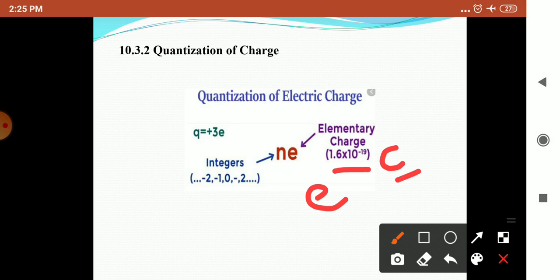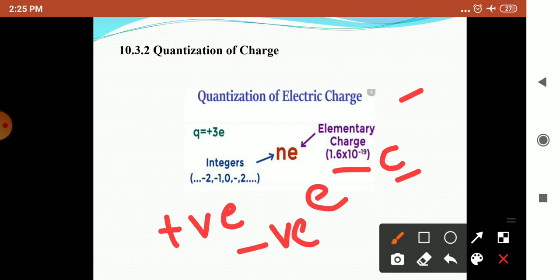Unit of charge is defined in this further topic. Since protons, that is positively charged, and electrons, which are negatively charged, are particles constituting matter, the charge on an object must be an integral part of plus or minus e.